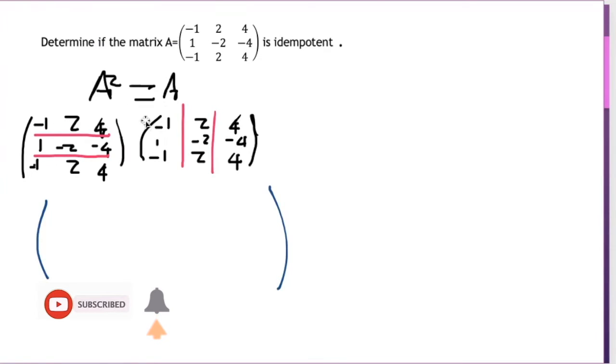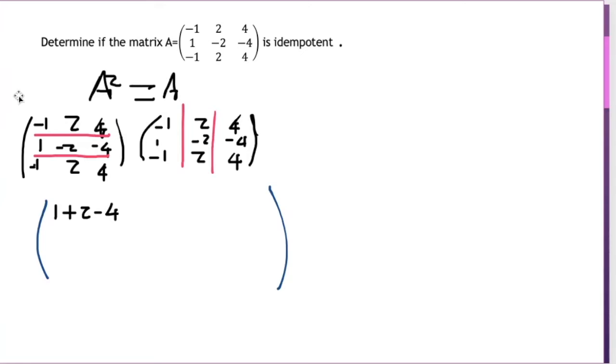So -1 times -1, that's +1. So I go ahead and write 1. Then 2 times 1, that's 2. So I'll write +2. Next, 4 times -1, that's -4. So I will have a -4 here.